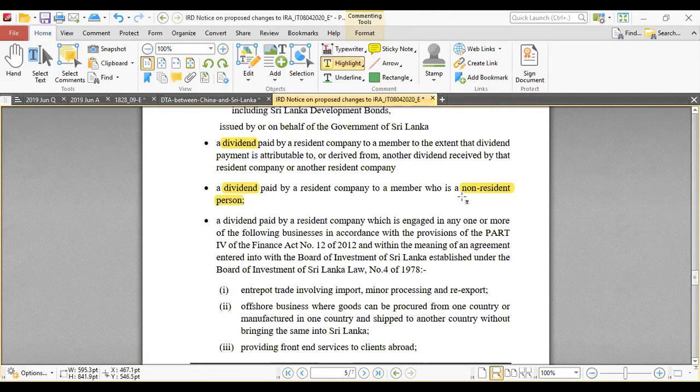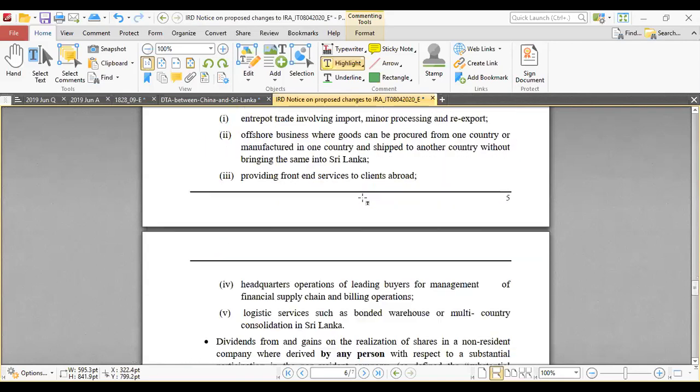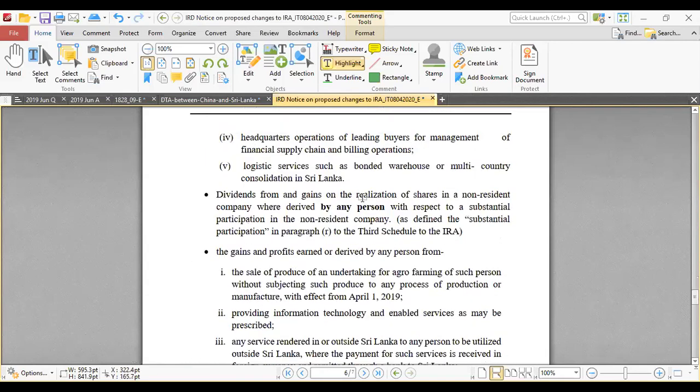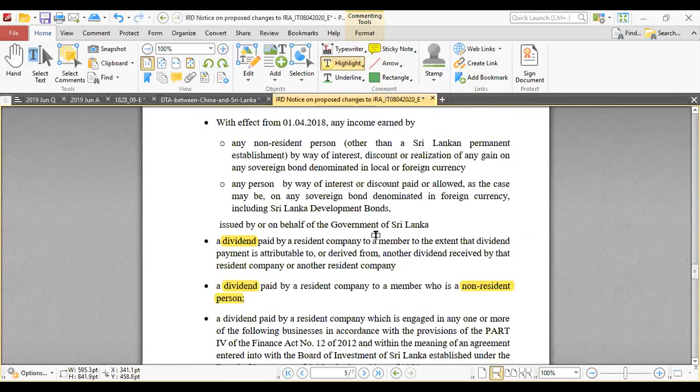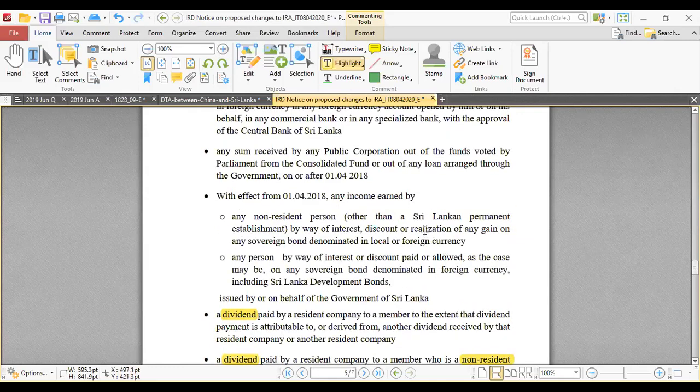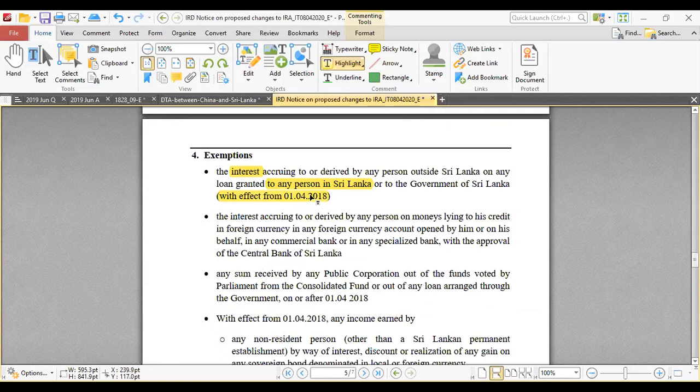This is the dividend I have explained here. In this case also you can determine the dividend is exempt with the recent changes. Because the recent changes apply if it is not clearly specified with effect from January 1st. Here it is clearly specified with effect from April 1st, 2018.